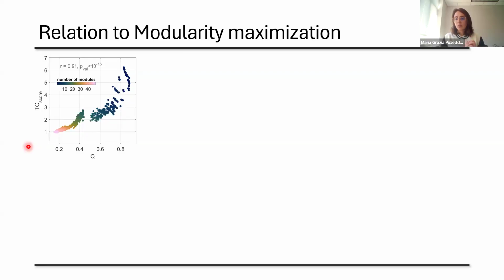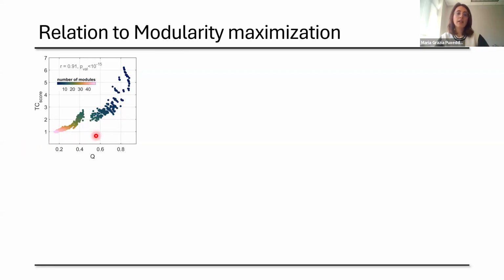And in doing so, as you might know, modularity maximization depends on this parameter gamma that defines the resolution of the partition. So we ran modularity maximization by tuning this parameter in order to obtain coarse and finer partitions. And on top of these partitions, we computed our quality function, t-score, and this is what we obtain.